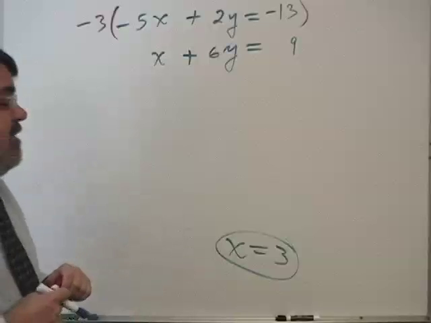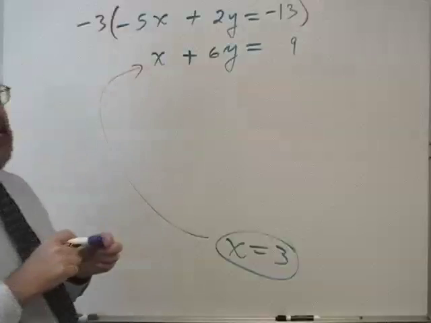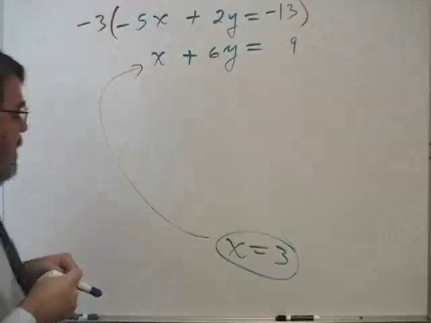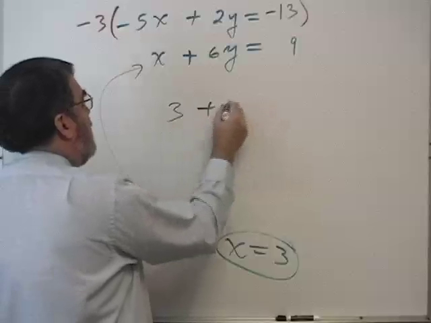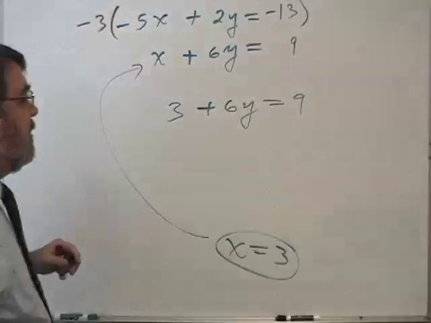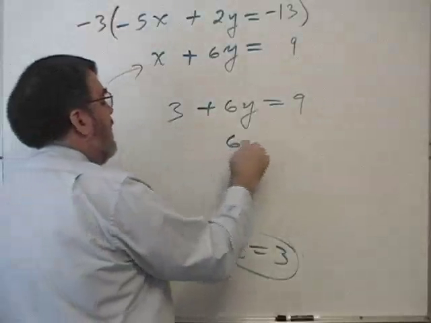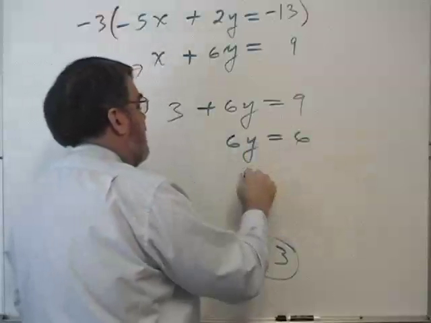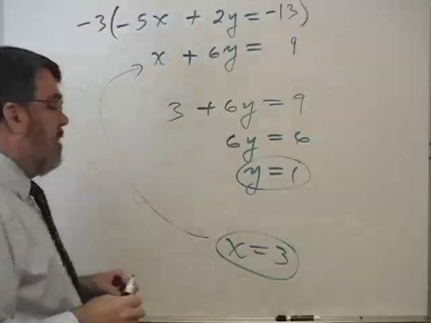Let's suppose we go to this equation. All right, so I'm going to replace x with 3. 3 plus 6y equals 9. And now I can solve for y. If I subtract 3 from both sides, 6y equals 6. Divided by 6, y equals 1.